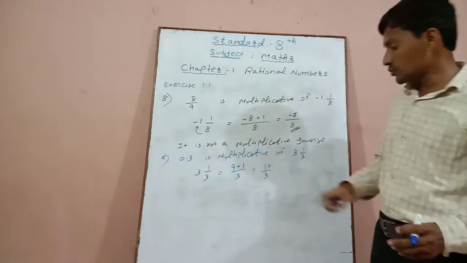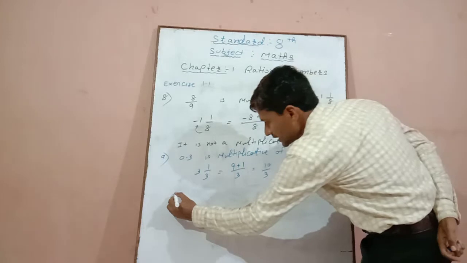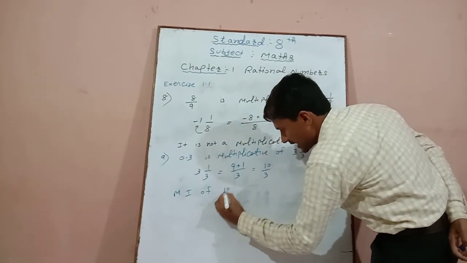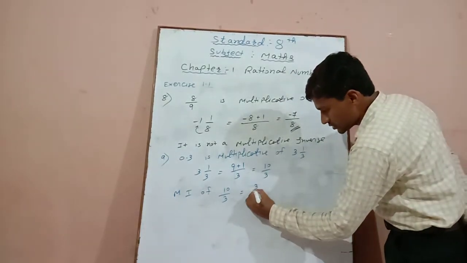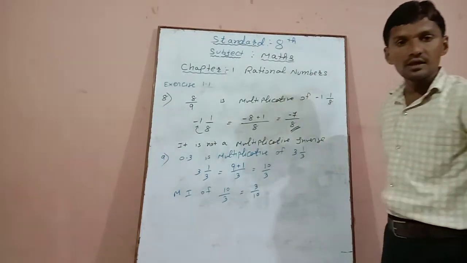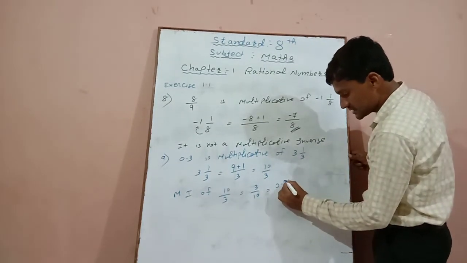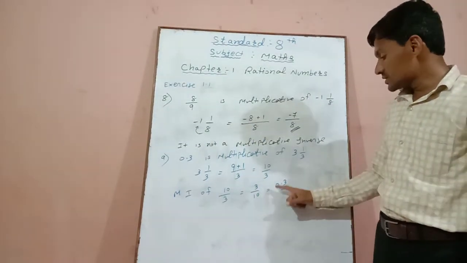Now we have to take the multiplicative inverse of this. So the multiplicative inverse of 10 divided by 3 is equal to 3 divided by 10. Now 3 divided by 10 means 0.3.